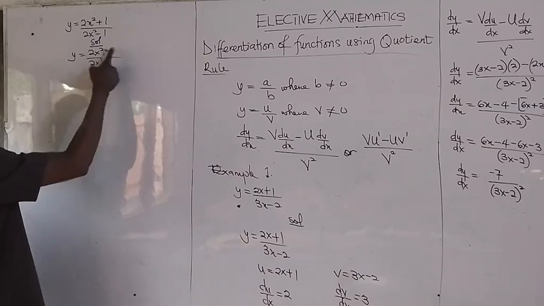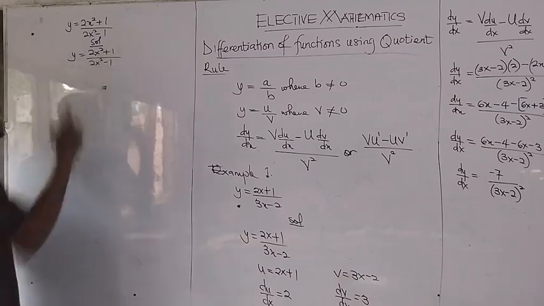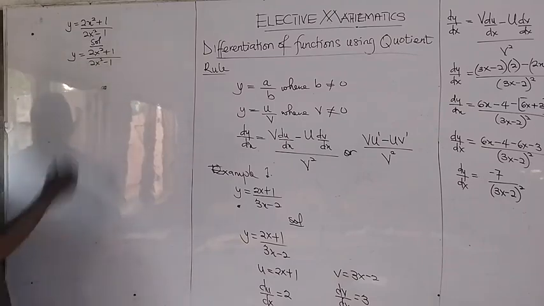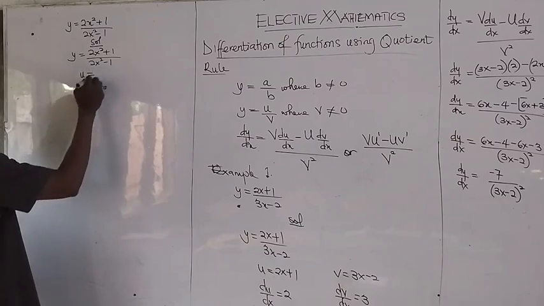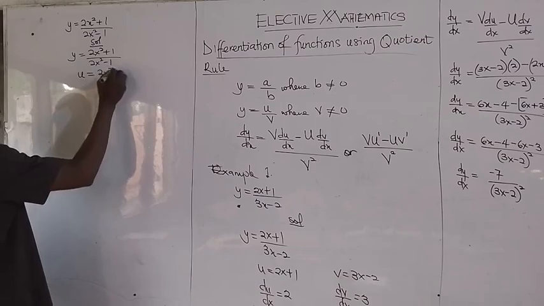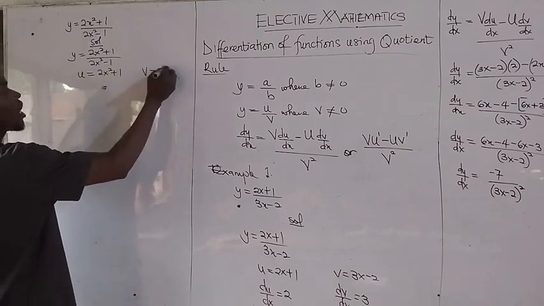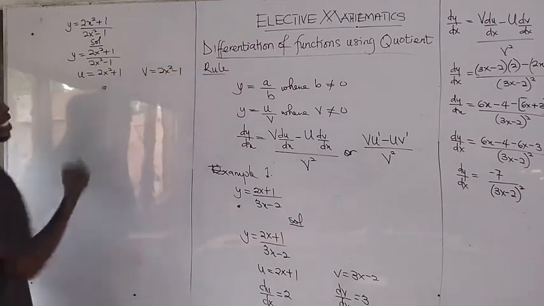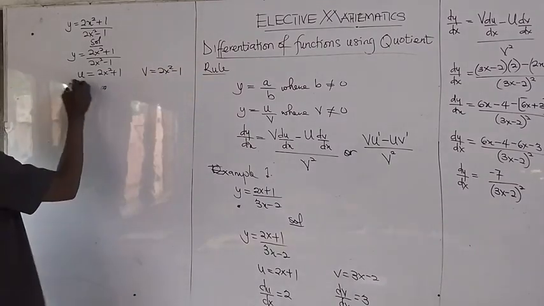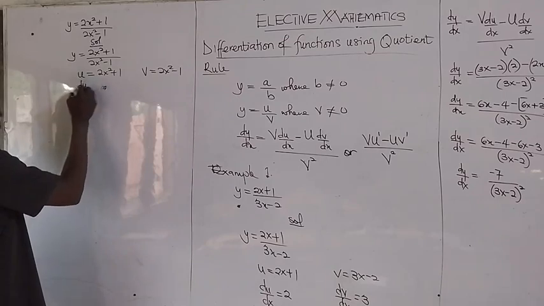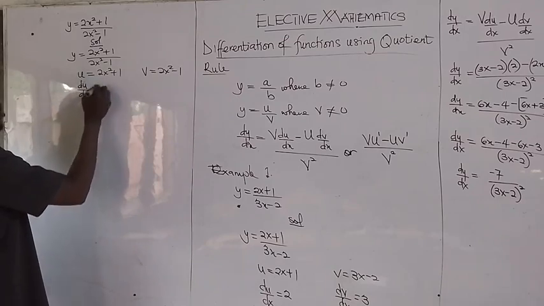So we let u to be equal to the numerator. So our u is equal to 2x squared plus 1. Our v is equal to the denominator, 2x squared minus 1. Now we differentiate u with respect to x. So du over dx will be giving us what?